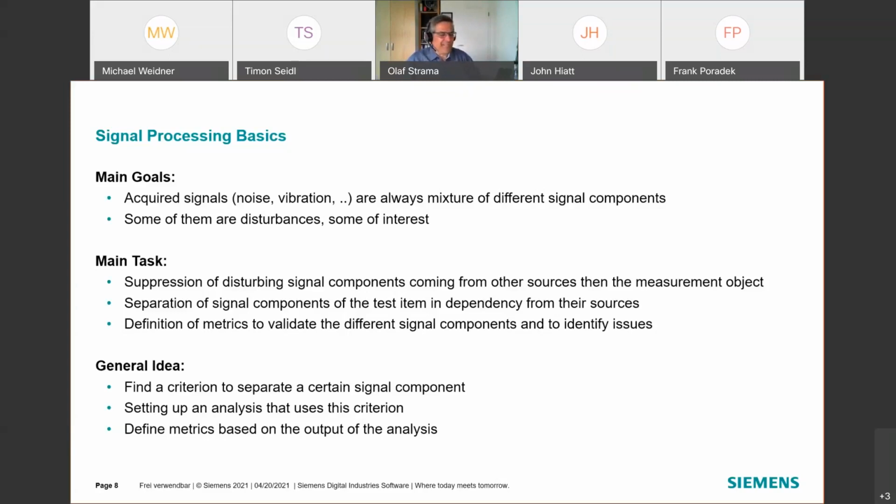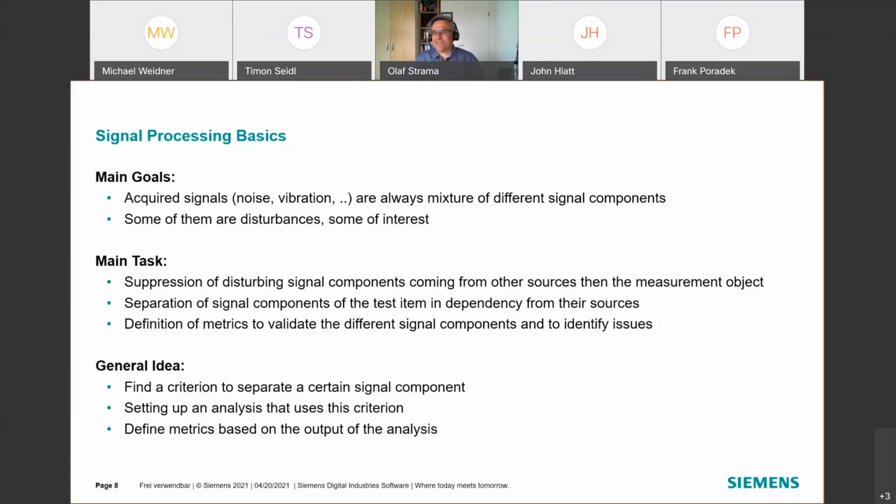Yes, the easiest way to do such a separation would be a filter in a frequency range. For example, if you are looking only at the signal component that has a frequency of 1 kilohertz, then we can build a filter that filters out this 1 kilohertz, and we can assess the level of this frequency. That's quite easy, but in most of the cases, it's not so easy.